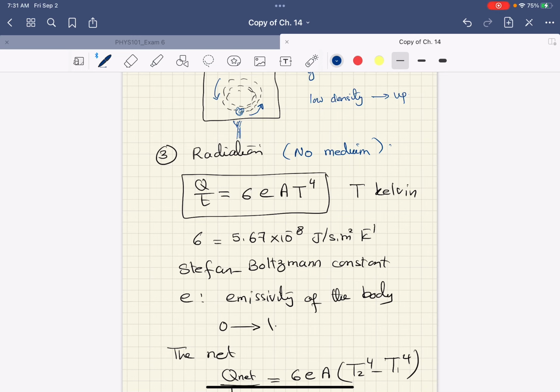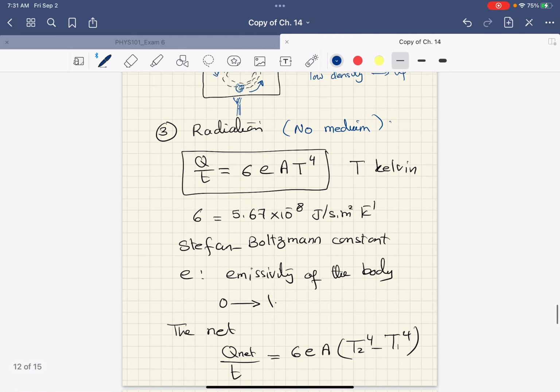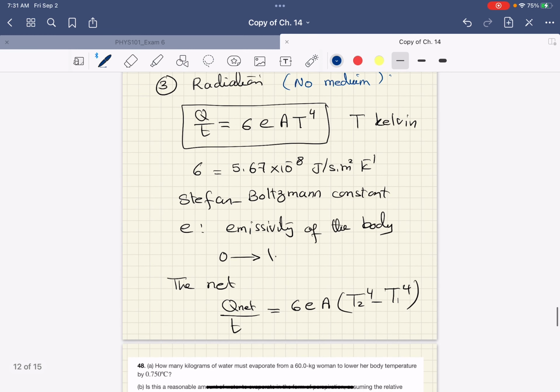Here e is related to the surface. We call it emissivity, and that is related to how efficiently it emits the radiation. This number can be from 0 to 1. A is the area, and T to the 4 is going to be the temperature. The temperature here should be in kelvins.